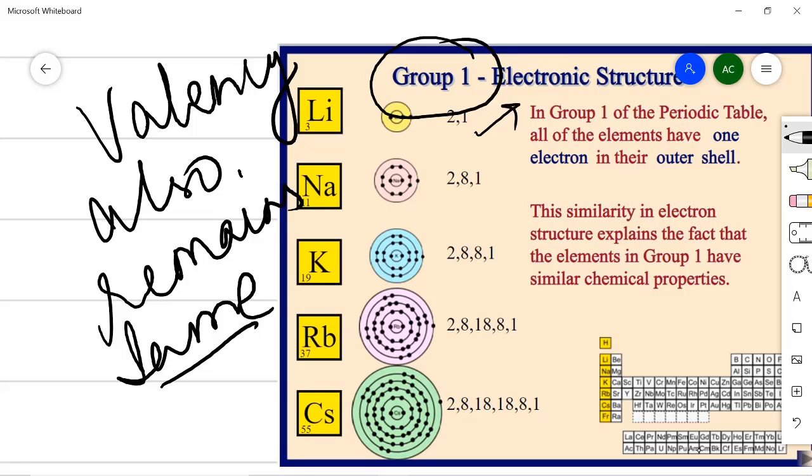So whatever the group number is, that will be the valency: group 1 has valency 1, group 2 has 2, group 3 has 3, group 4 has 4. Okay, but after group 5 it will change, I will tell you later on, but here in group 1 the valency remains the same, that is 1.